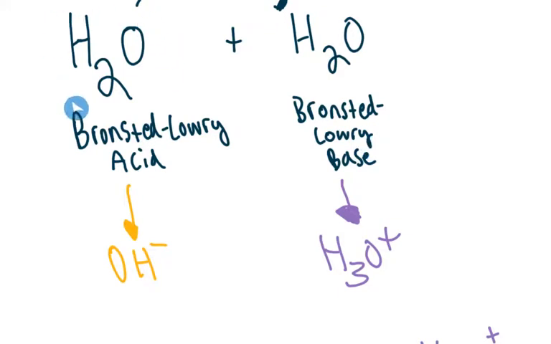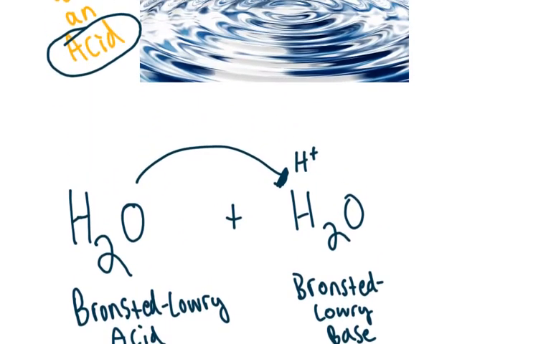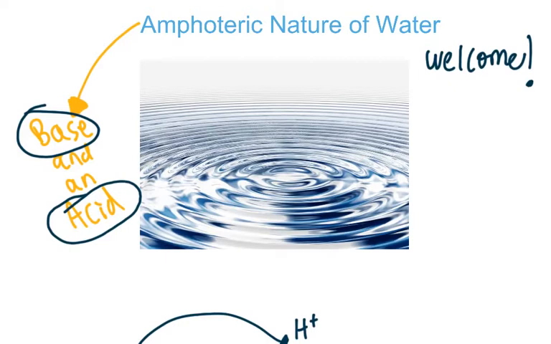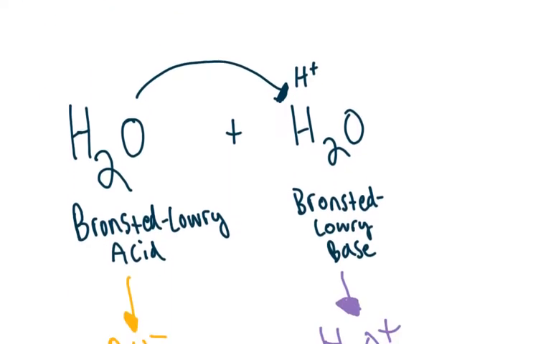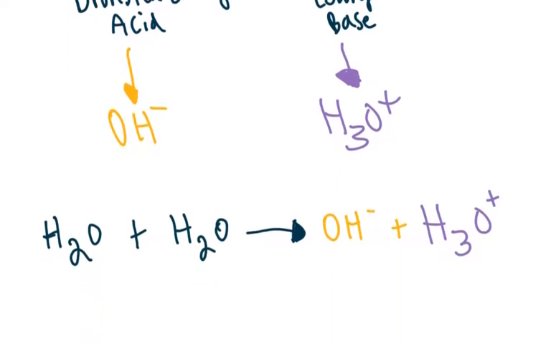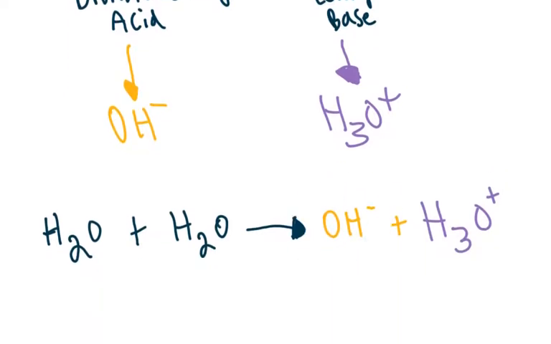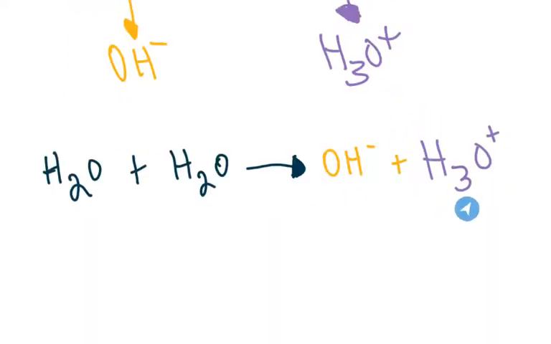But they're both water molecules, and that's the definition of being amphoteric. One molecule of anything, an amphoteric compound, can act as a base and an acid. We see that here. An amphoteric compound, such as water, acted as an acid and a base at the same time, yielding our hydroxide anions and our hydronium cations.